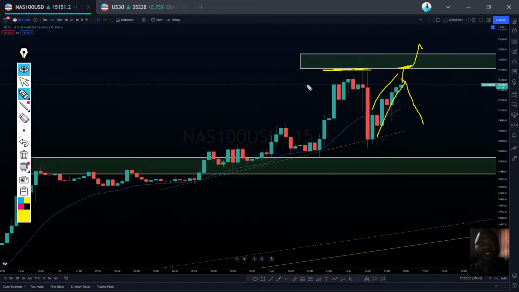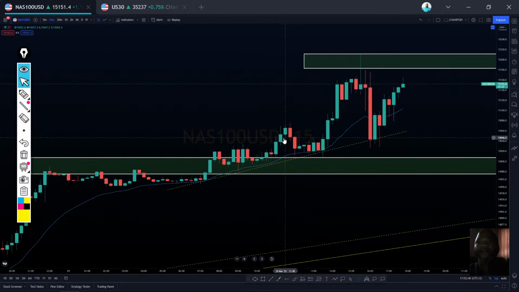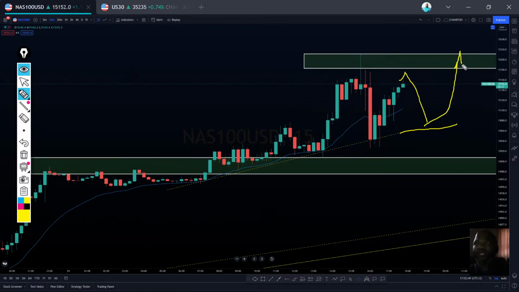So this is our resistance currently. I hope you guys are able to see that our price is giving us this type of structure where it will push and come back, respect this area, and push towards the upside. It might break this resistance. We just have to wait and see.